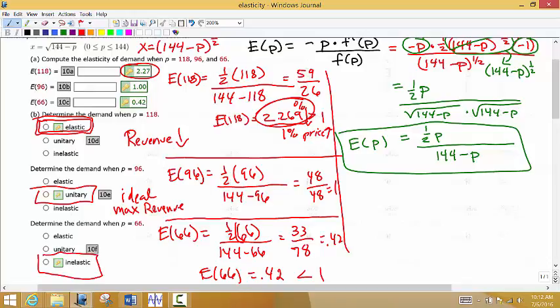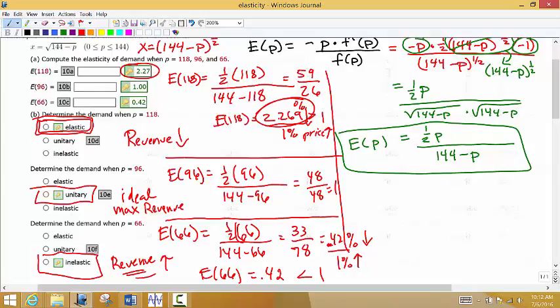So remember, the idea here is that if I raise my price by 1%, I'm only going to lose 0.42% in the demand. So the demand's going to decrease, we said, but it's only going to go down by 0.42%, which is perfectly acceptable. My revenue is actually going to go up because I'm not going to lose that many customers.